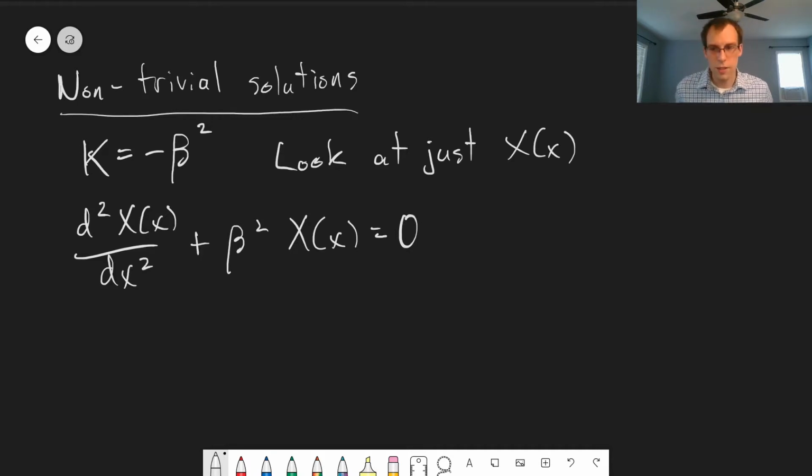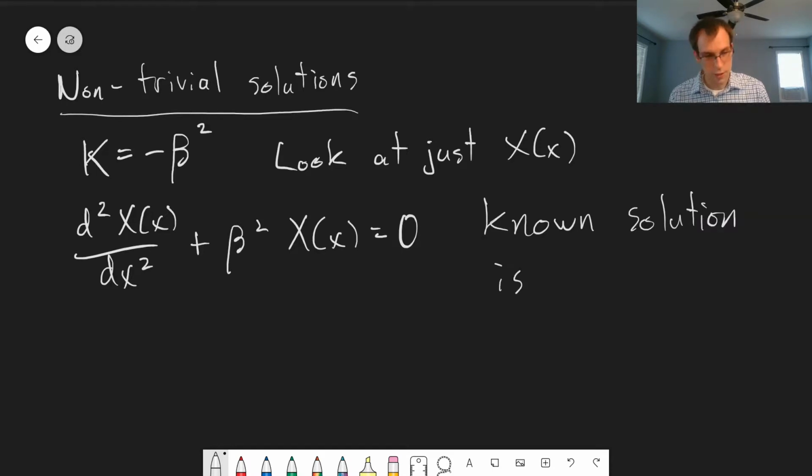And a function of this form is a known solution to this differential equation: X of x is equal to an exponential, e to the alpha x, for some value alpha.